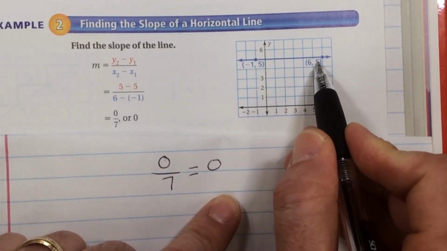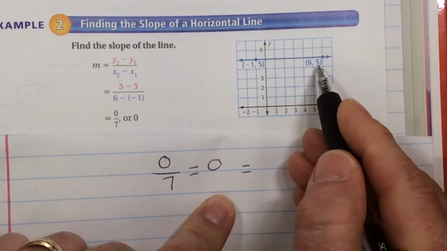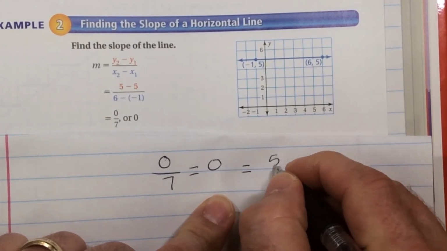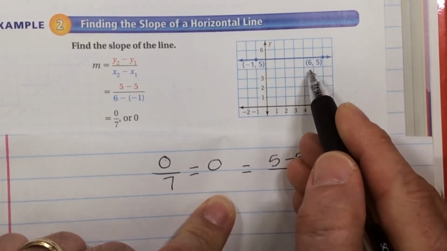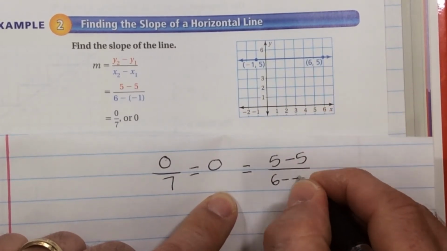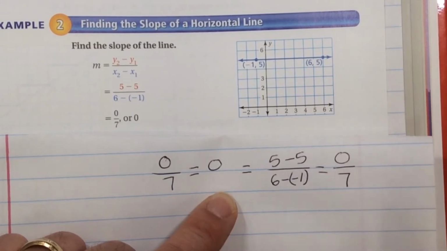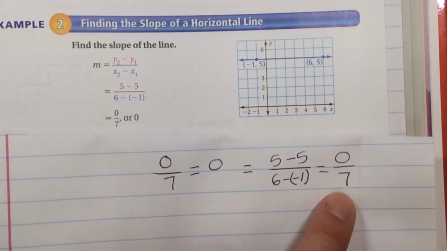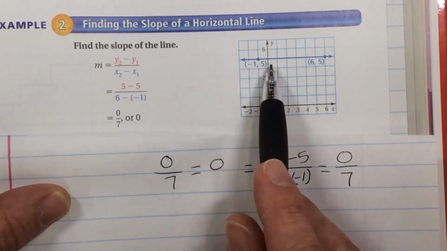Let's start with this point this time. We'll subtract that point. It really doesn't matter which one. We'll do 5 minus 5 over 6 minus negative 1, which is 0 over 7, which is what we started with. And that is equal to 0. So a horizontal line has a slope of 0.